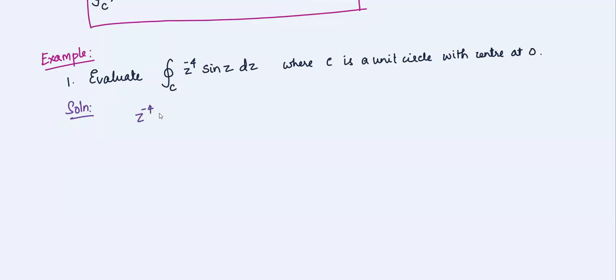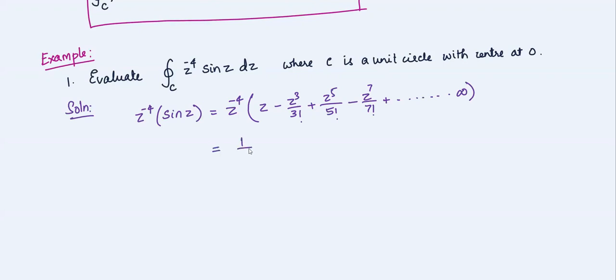Now z power minus 4 times sine z is z power minus 4 times z minus z cube by 3 factorial plus z power 5 by 5 factorial minus z power 7 by 7 factorial and so on.